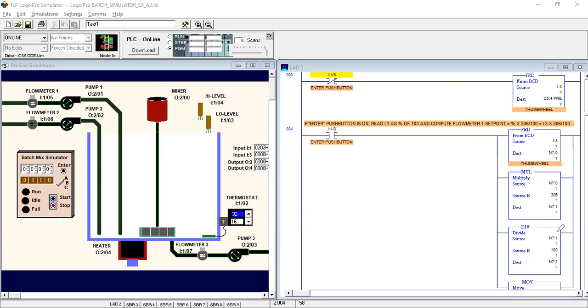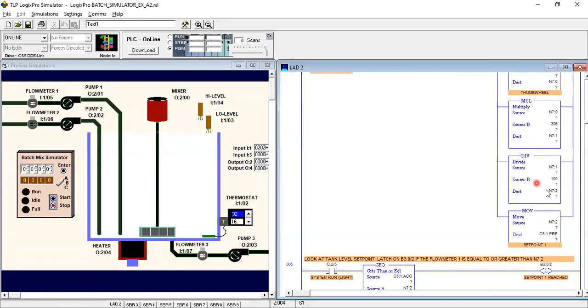In the destination value you can put another integer address.